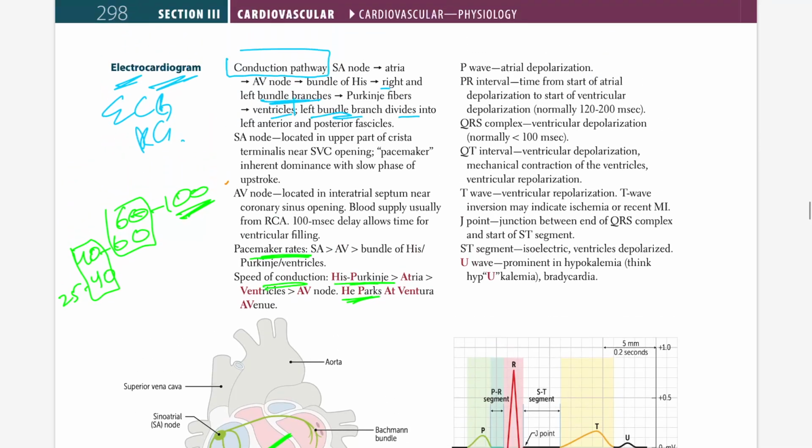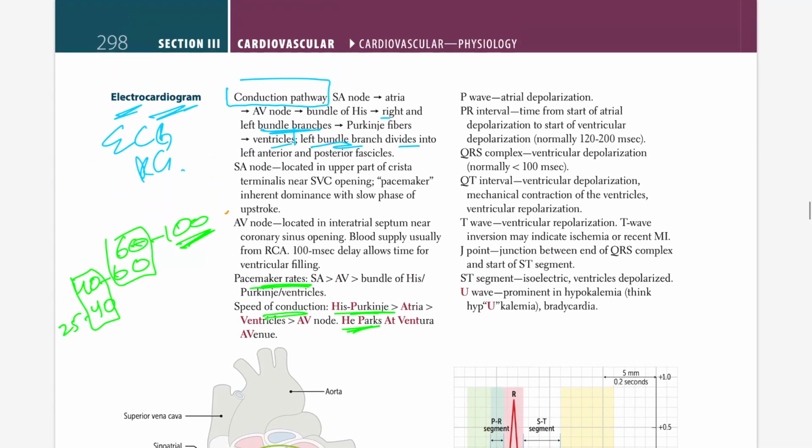And then we have the next slide, which is the proper EKG. We have a P wave. In the P wave, let's talk about each one of that. So when you're reading an EKG, let's just do a proper thing: how to read an EKG.